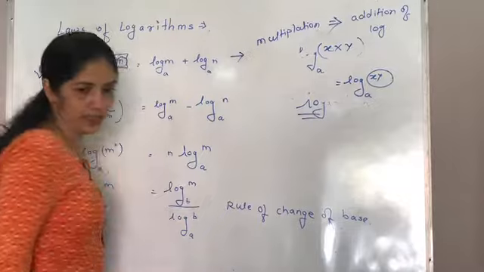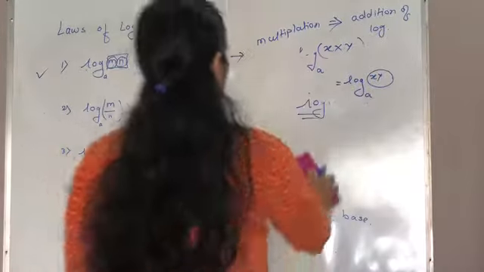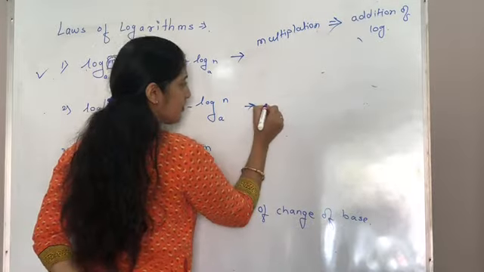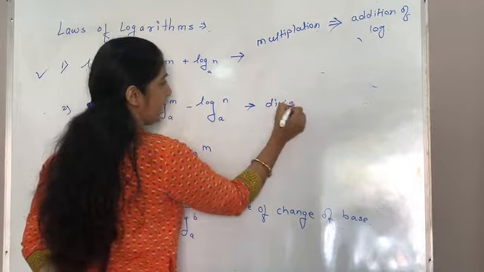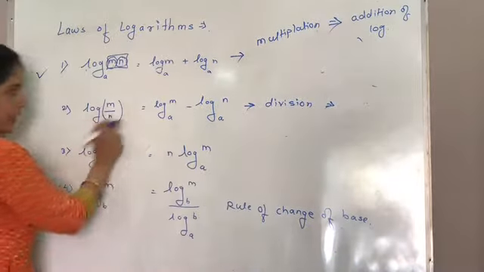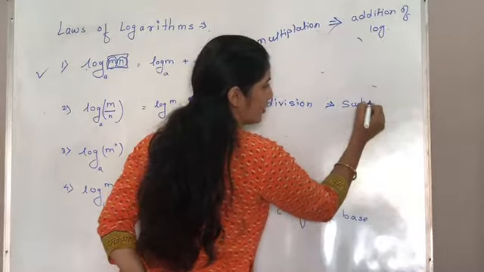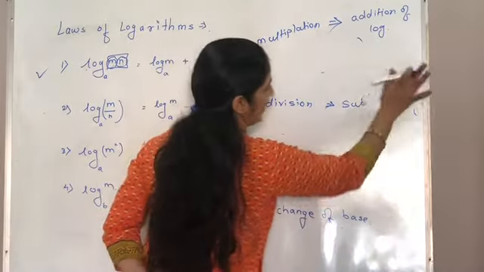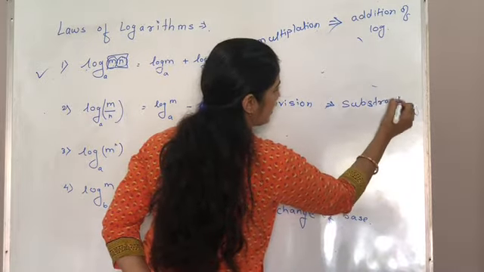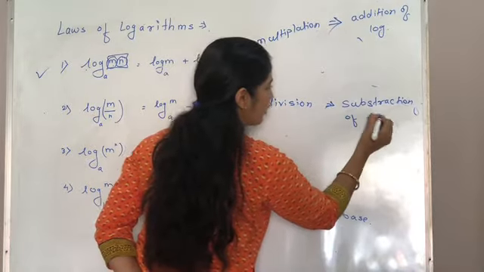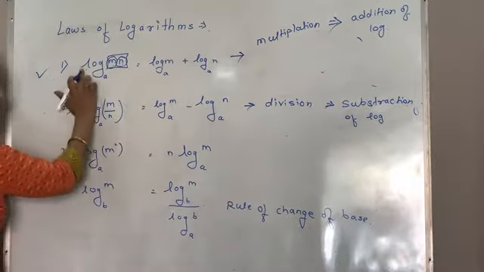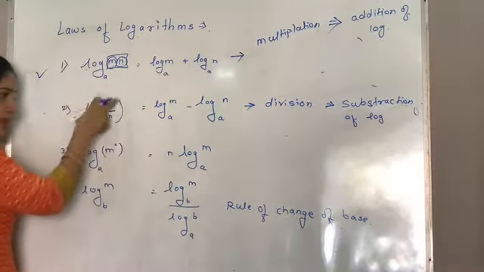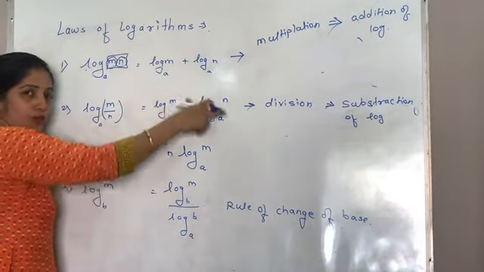So here, when division comes, what do we do? Subtraction of log. Fine, very simple. When multiplication comes, we use the addition of the logs individually. When division, subtraction of the logs individually.